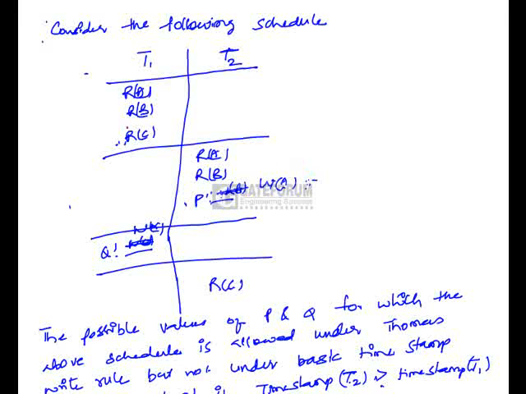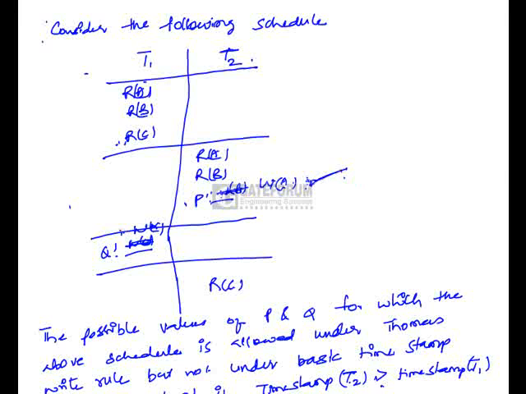Because the transaction which has performed the write operation on data item A arrived earlier than these two transactions. T1 didn't perform any write operation on A, so the last transaction which performed a write on A would have arrived earlier than both T1 and T2. So there is no problem with this write operation.